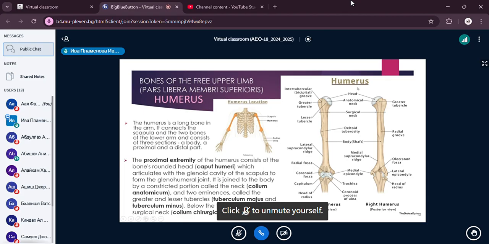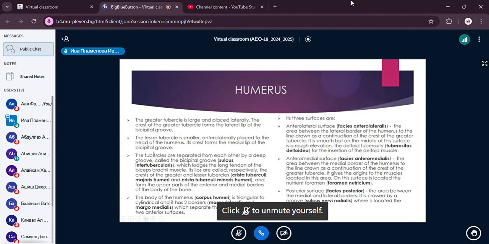After that, here is the body, of course. Sulcus intertubercularis, crista tuberculi majoris. So, here, the tubercles, I told you that they are separated by a deep groove called the bicipital or intertubercular groove.